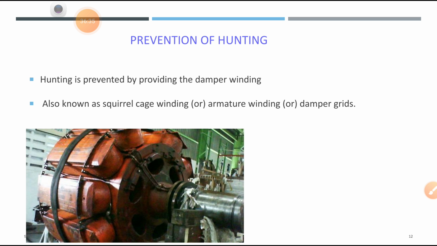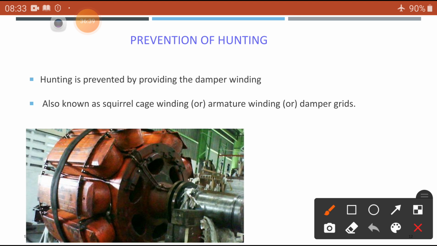So as you know, here is the rotor, and these are the poles. The pole shoe, you can see here. Here we provide copper wires placed and shorted at both ends, soldered at both ends, similarly on the pole shoe. This is known as the damper grids or damper bars.